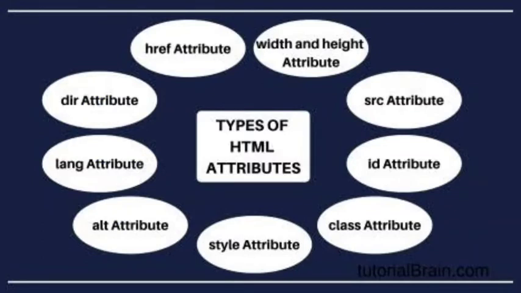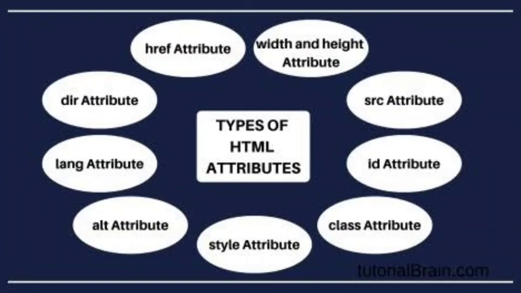Now, attributes of HTML. There are many attributes of HTML. Some of them are very popular and commonly used. What is the meaning of attributes? Attributes, you can say, are the characteristics of any element of the web page. So first we talk about the title attribute. We can use the title attribute to give a title to an element.